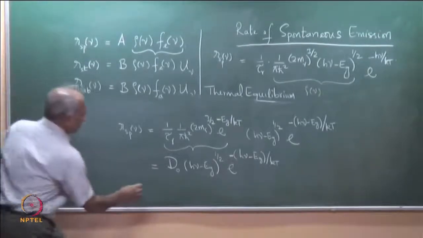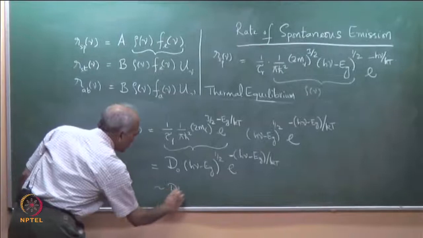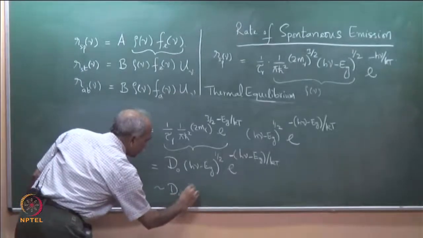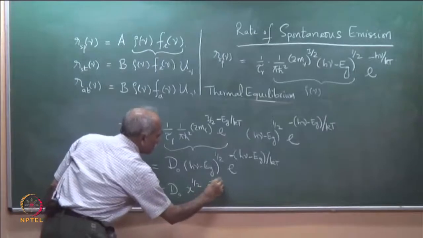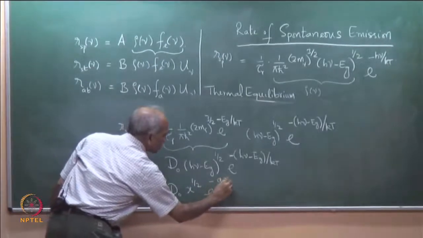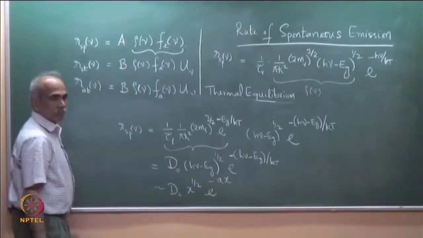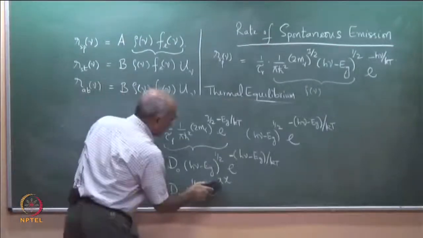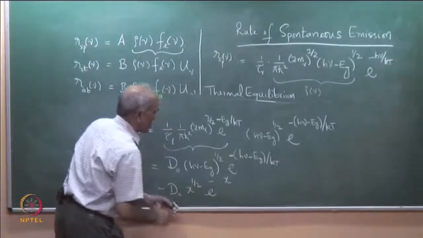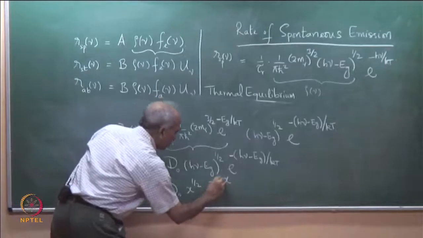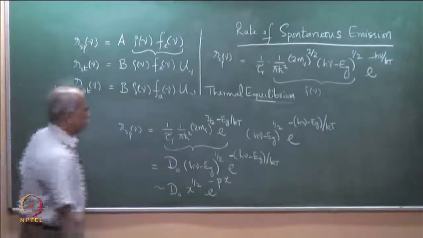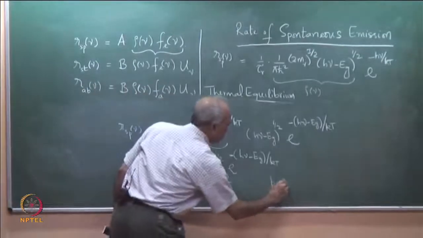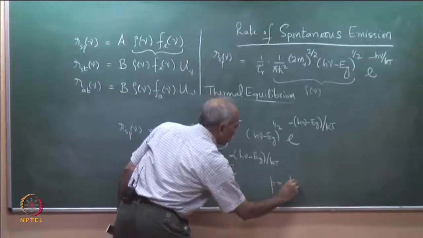So, this is of the form some constant d0 into x to the power half into e to the power minus p x, where p is some constant. I write p, because a we have used for lattice constant. So, e to the power minus p x, where p is equal to 1 by kT.